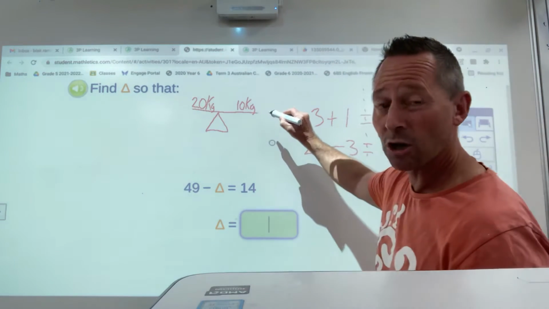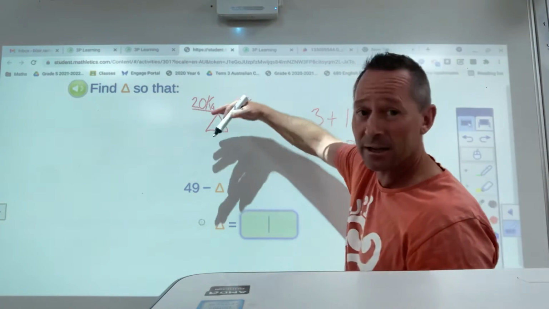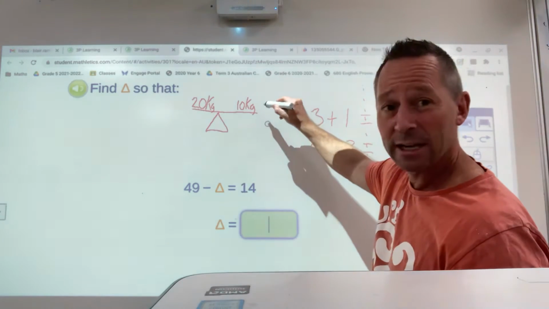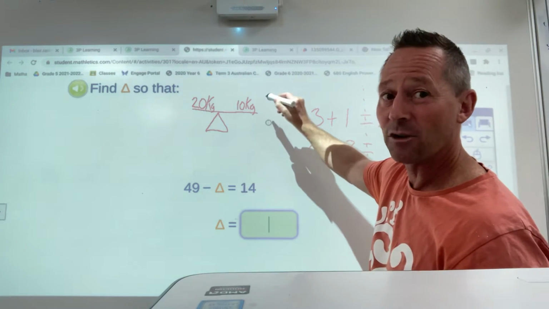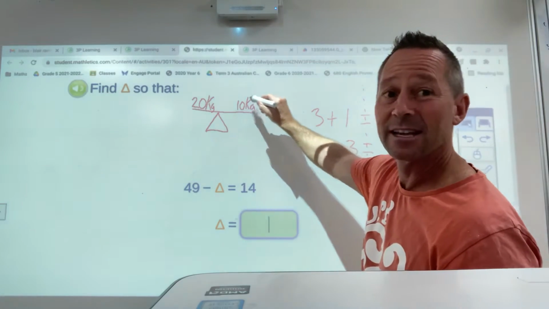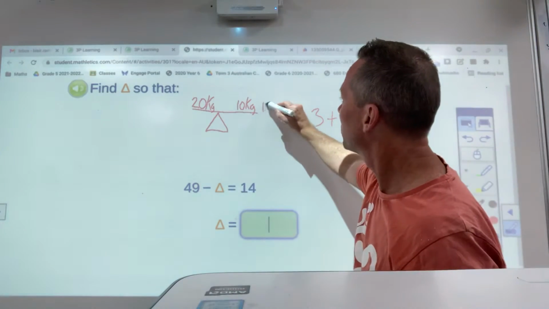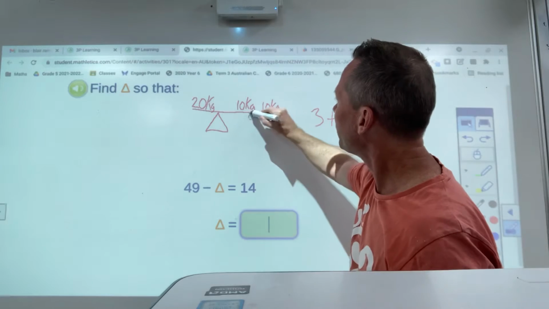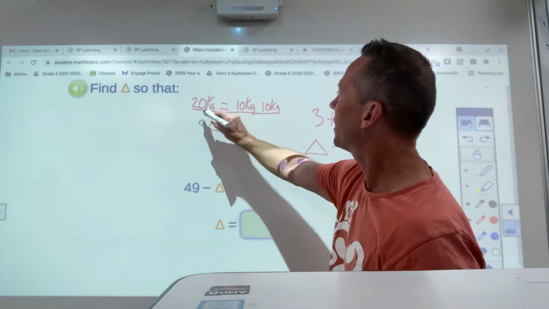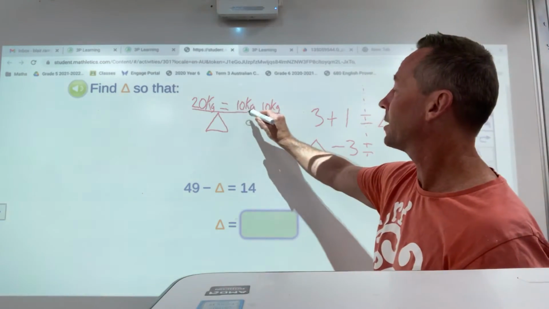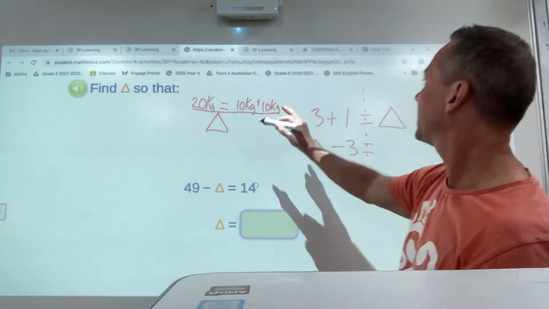And if there's one more child, if they're going to be balanced, how much would that other child weigh? It should have to be 10 kilograms, because 10 plus 10 equals 20. So they'd have 2. Okay, so 20 kilograms equals 10 kilograms plus 10 kilograms.